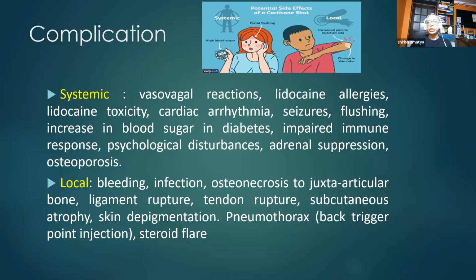There can be ligament rupture, especially when we inject the corticosteroid directly into the ligament, which should never be done. Tendon rupture can happen, especially if you are injecting a weight-bearing ligament or tendon, mainly the Achilles tendon. If you inject the corticosteroid directly into the Achilles tendon, there can be rupture of the Achilles tendon and a devastating effect on the patient's livelihood.